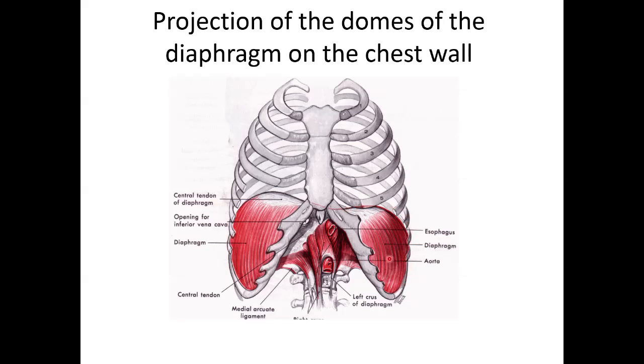During contraction, they become flattened, and that's why the volume of the thoracic cavity increases, and we make an inspiration.